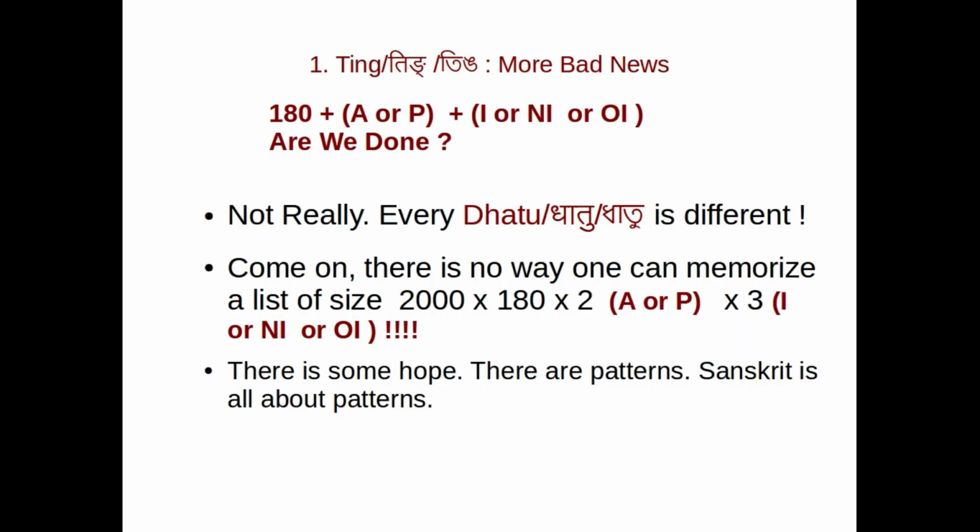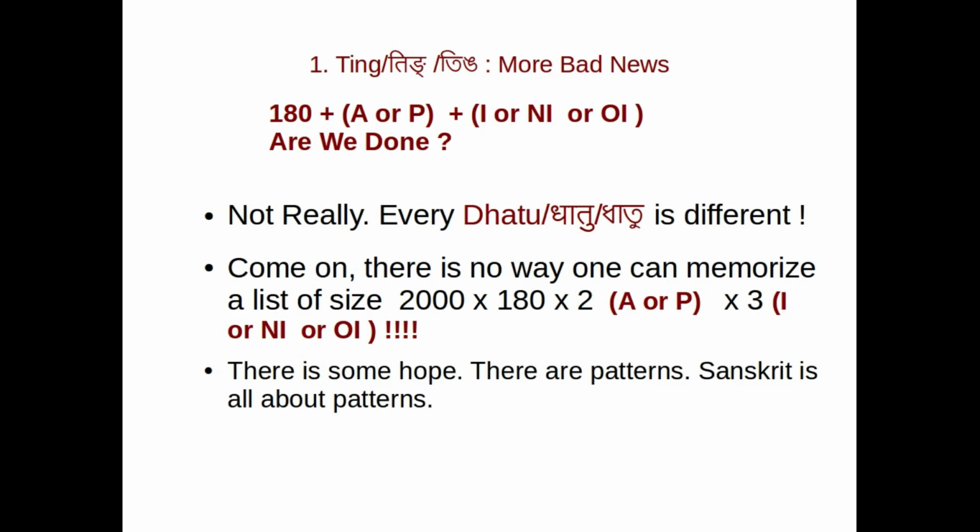Now, can we say we are done? No. We have got 10 tables. Each has 2x3x3, that is 18 ting vibhakti. We also memorized whether a dhatu is atmanepadi or parasmaipadi, so that we can use the correct table.